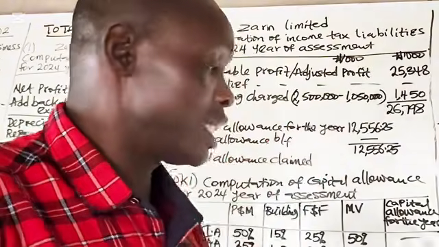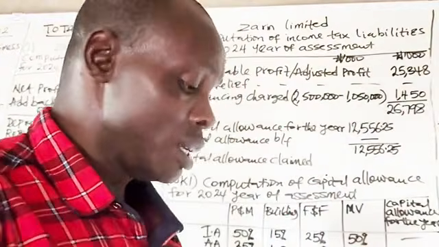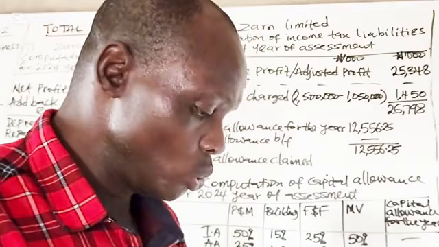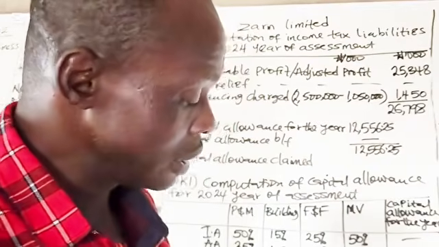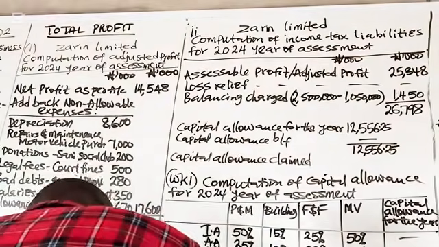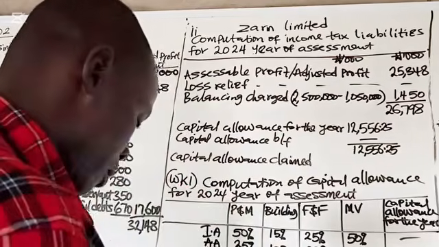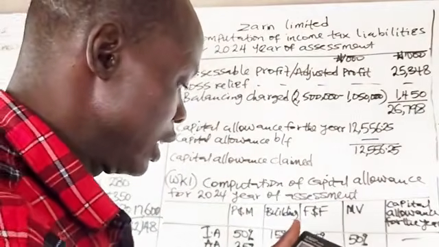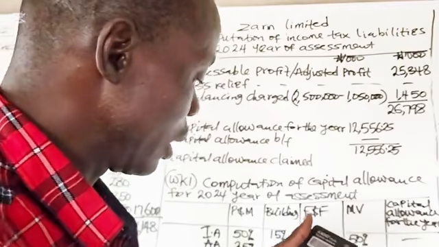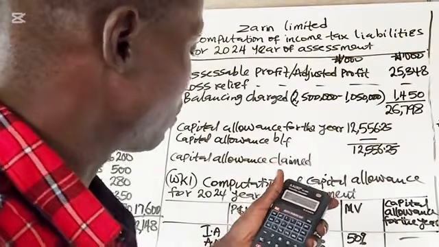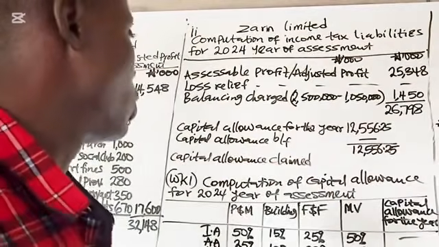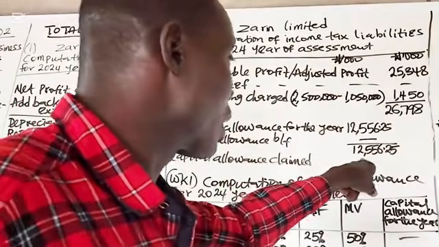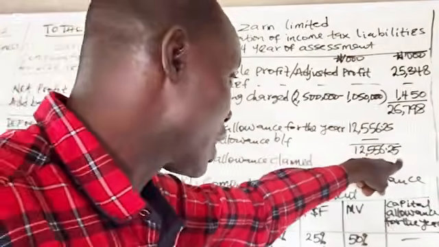If you calculate 2/3 of this, let's confirm that, 25,348 times 2 divided by 3, that gives us 16,898.66. You see that 2/3 of this is greater than this. That means you can claim all the capital allowance. You can utilize it in that period.